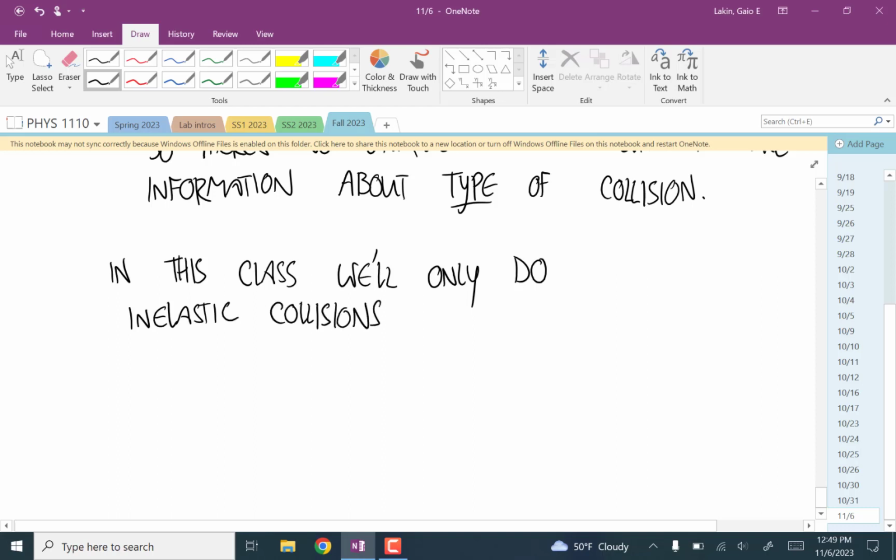That's the easiest type to do, so we'll get the sort of intuition about how this works without getting too bogged down in complicated math. What this means is that after the collision, the objects have the same velocity. They stick together.